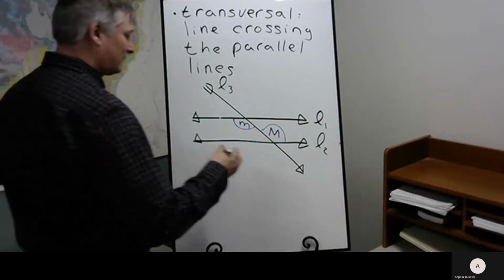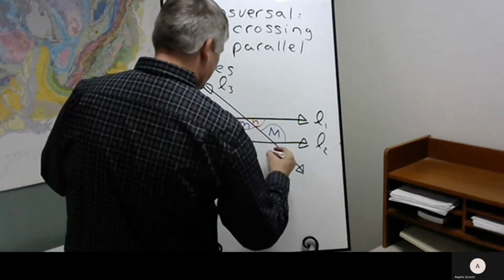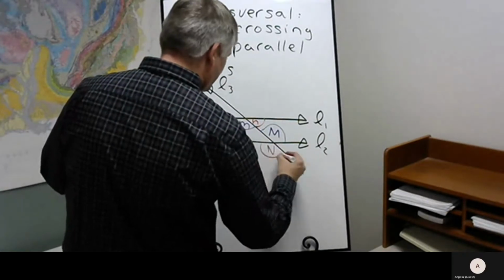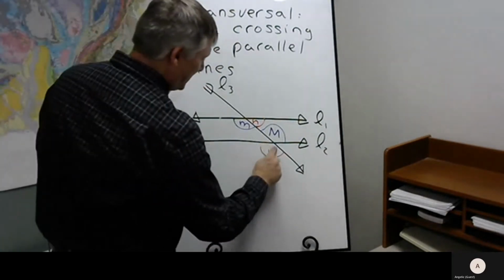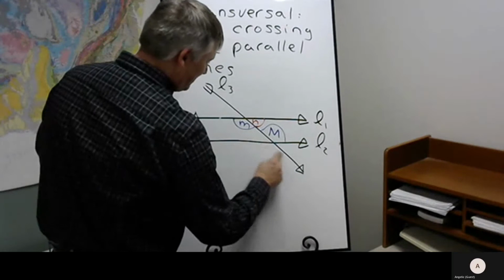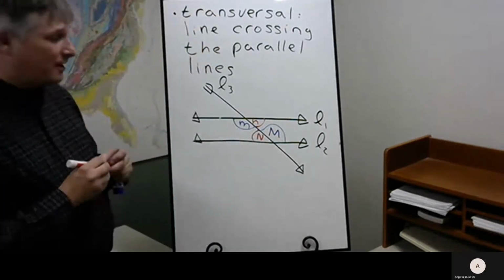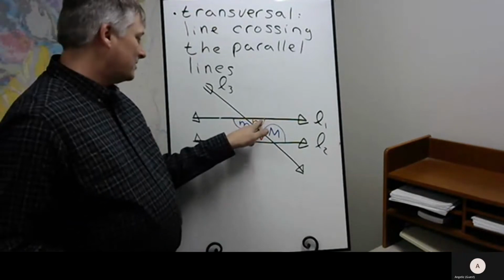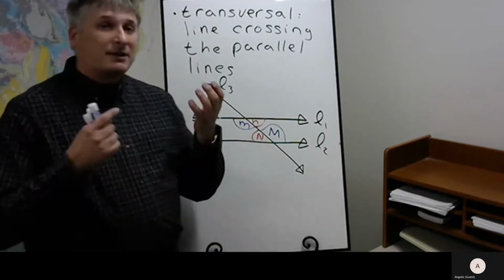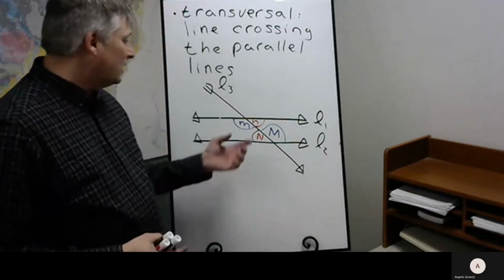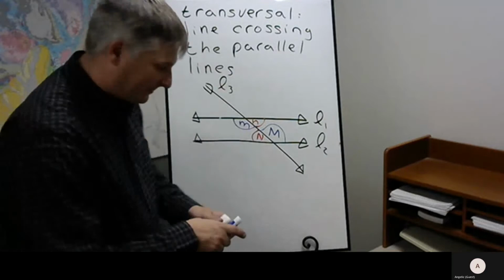Also, this angle and this angle. Oh, sorry, I got outside. This angle, again, on the inside of the parallel lines. Again, on opposite sides of the transversal, and they're on the interior of these parallel lines. So they're also alternate interior.